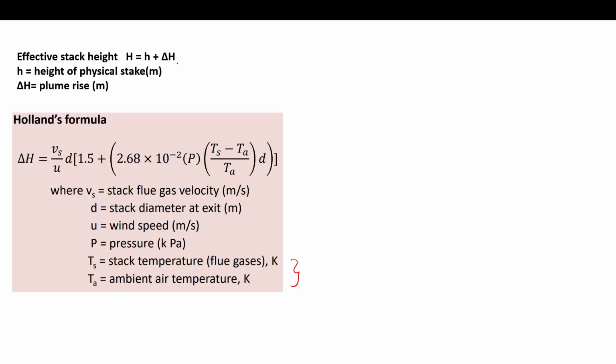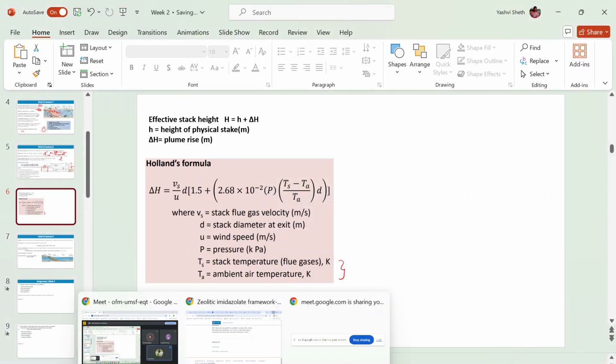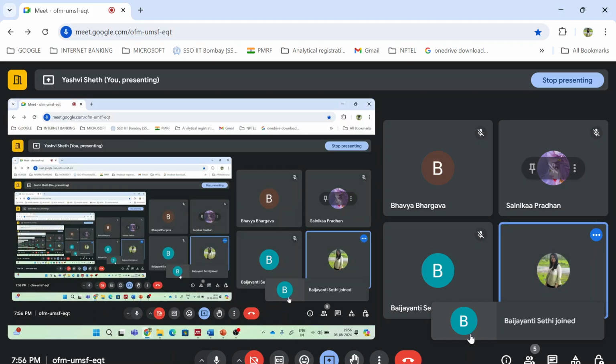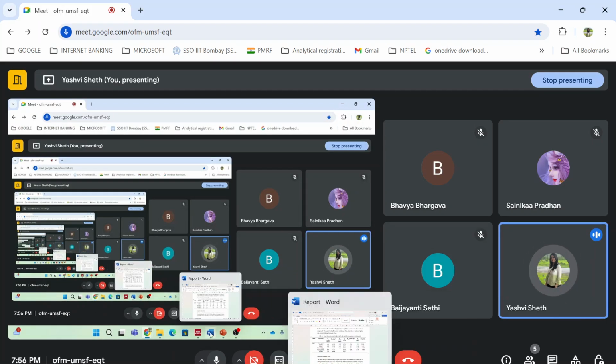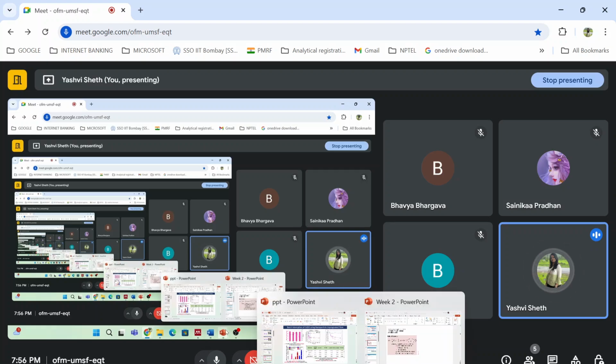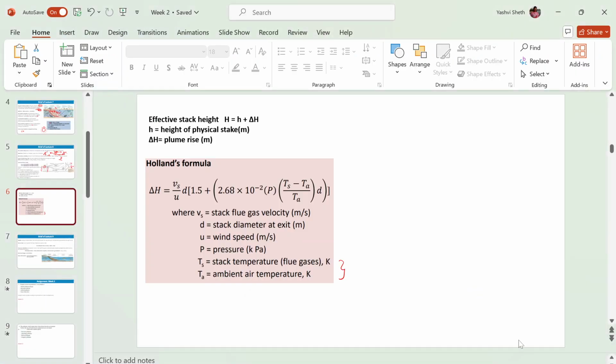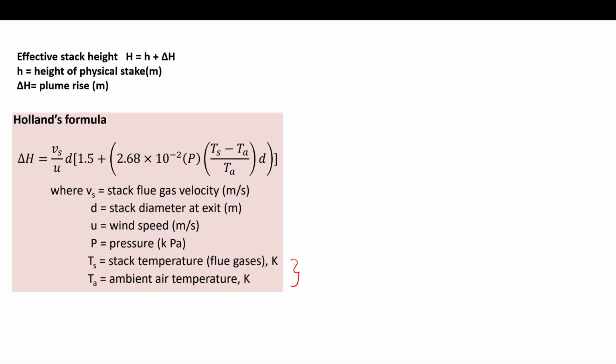Now that was all about how the pollution travels or transmits into the air. Through these models we are able to predict the concentration.